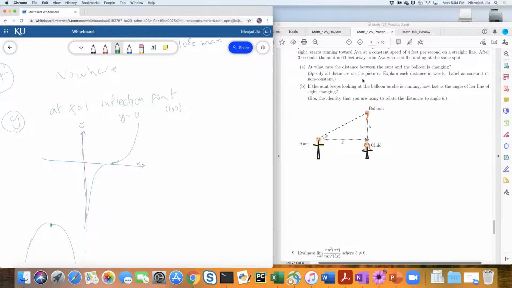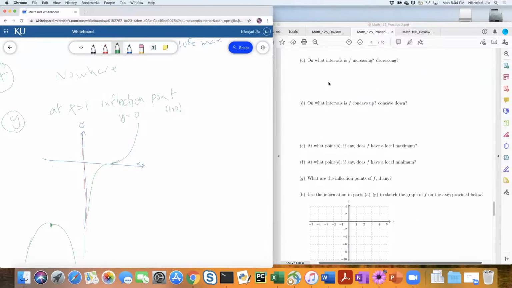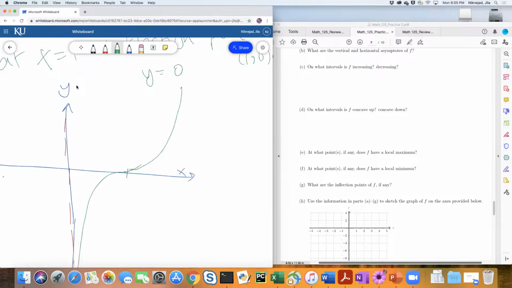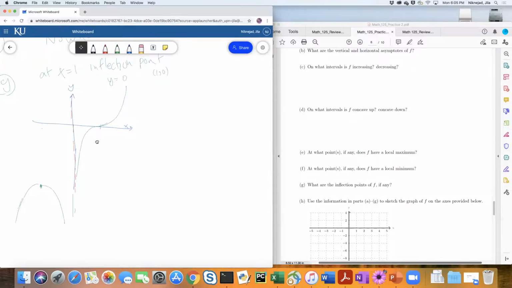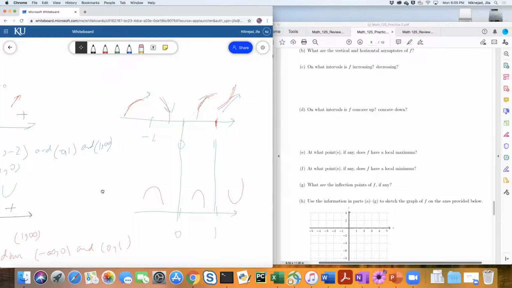I have a quick question about C, if we can go back a little bit. Okay, what's up? So for the interval where f is increasing, I was confused on why. Can I see what you had written? So where you broke it into negative infinity to -2, and then 0 to 1, and then 1 to infinity. Why couldn't it be 0 to infinity?